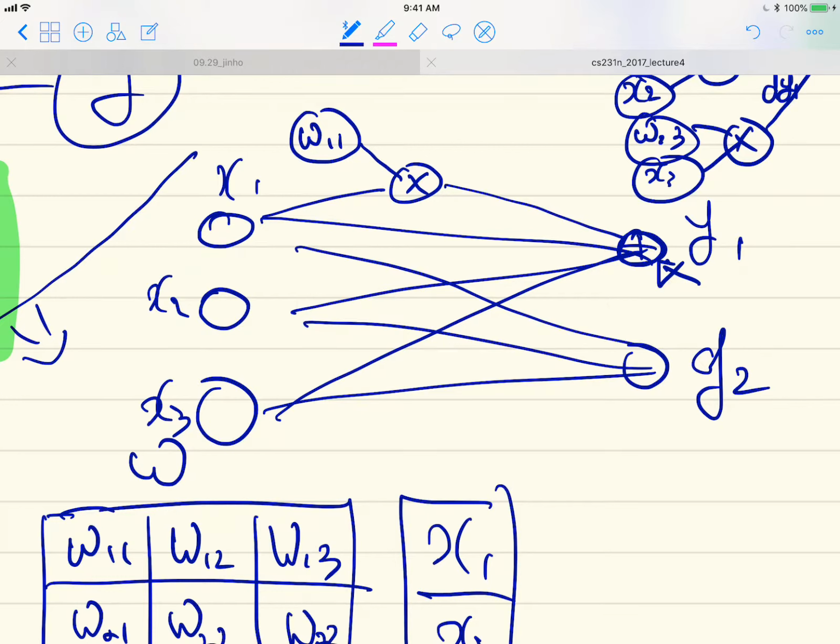Suppose, given the first input vector 1, 2, 3, we obtain the output 4, 5, and then as a second data item, maybe 6, 7, 8 as another input vector, and then we obtained maybe 9 and 10 as another output vector.